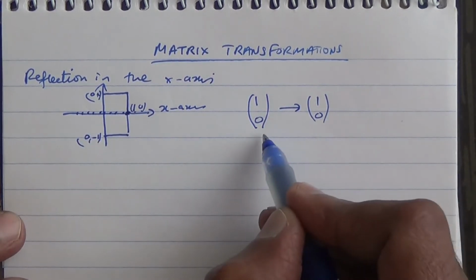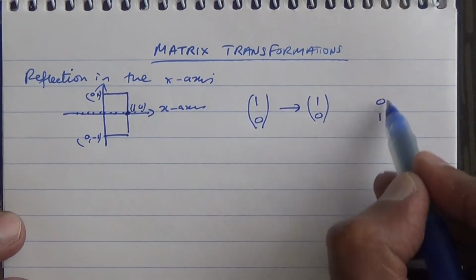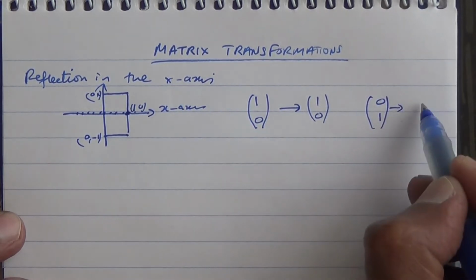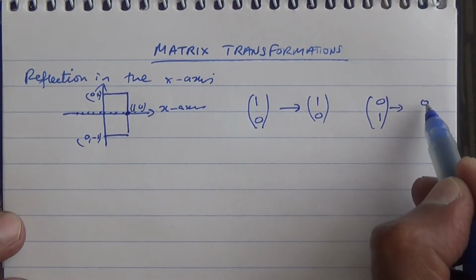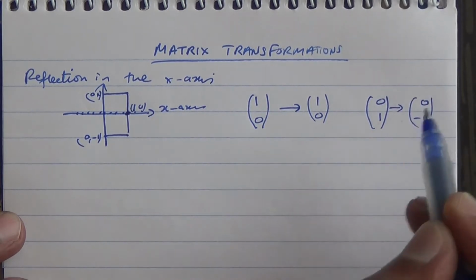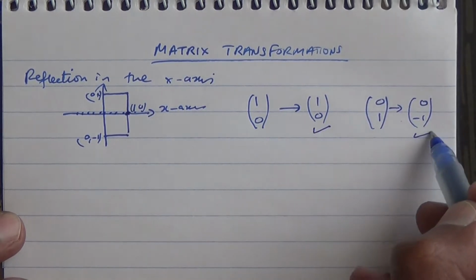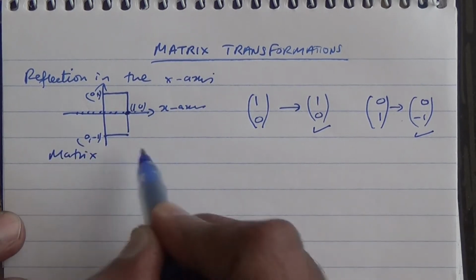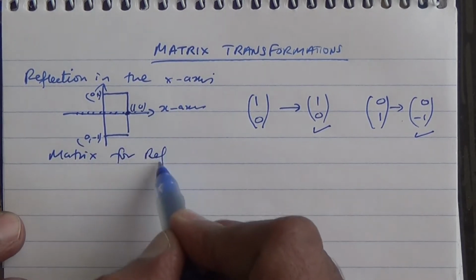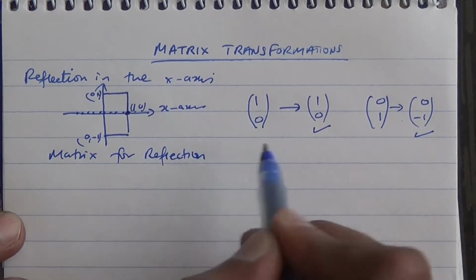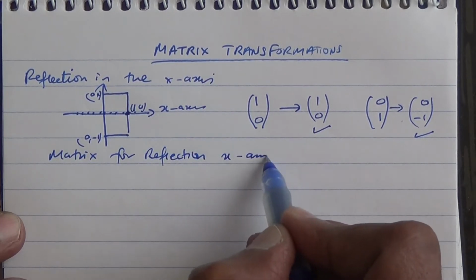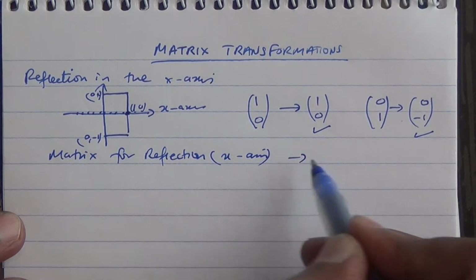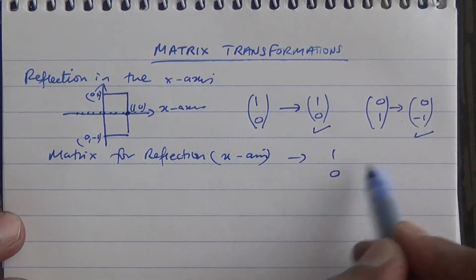So 0, 1 reflects onto 0, minus 1. Now the resulting matrix is this and that. Therefore, the matrix for reflection in the x-axis will be given by 1, 0, 0, minus 1.